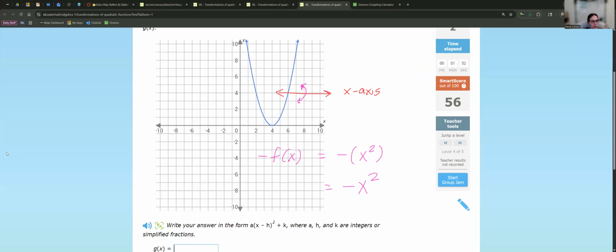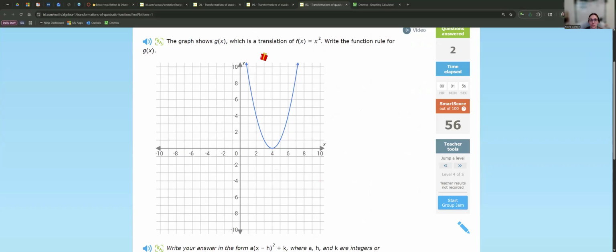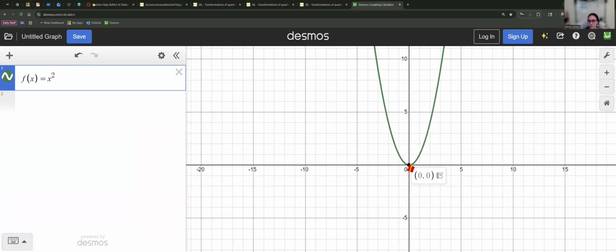All right, next one I want to look at was this example. The graph shows g of x, which is a translation of f of x equals x squared. We want to write a function rule that will create this g of x. So here's x squared. It has 0, 0. We have the point 1, 1.